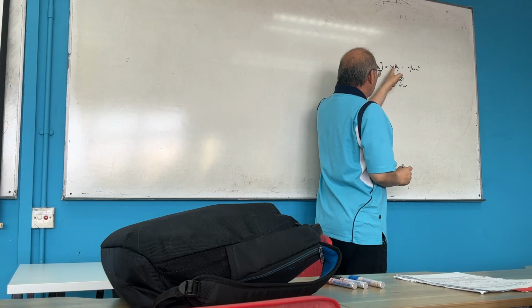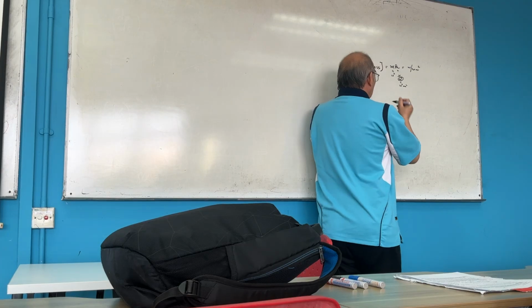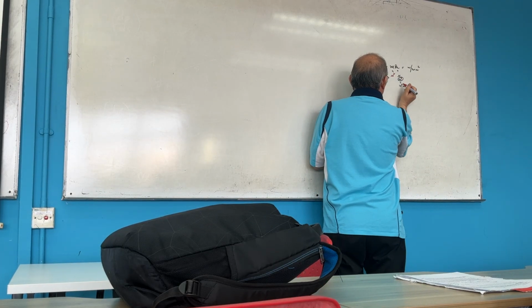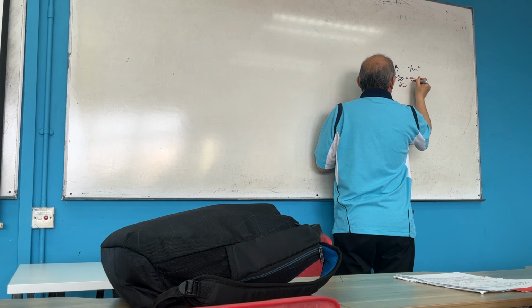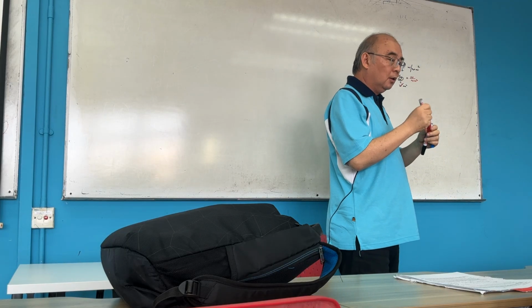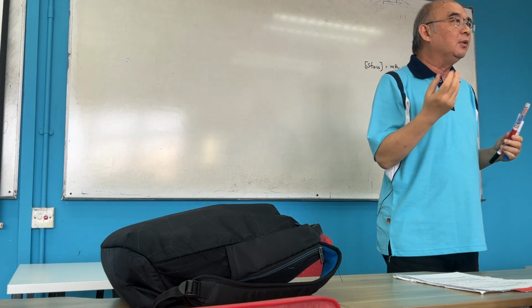So that is why megapascal, which is 10 to the 6 multiplied by Newton per meter square, is the same as Newton per 10 to the 6 millimeter square, and then the 10 to the 6 cancel out, and what you have is Newton per millimeter square. So remember, the unit of stress is always in MPa, which is Newton per millimeter square. For example, our concrete grade is either 30 MPa or 40 MPa and so forth.